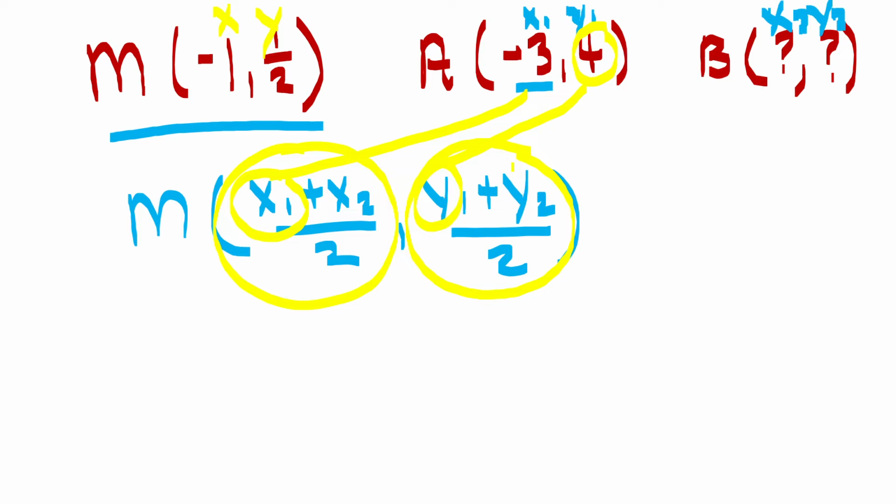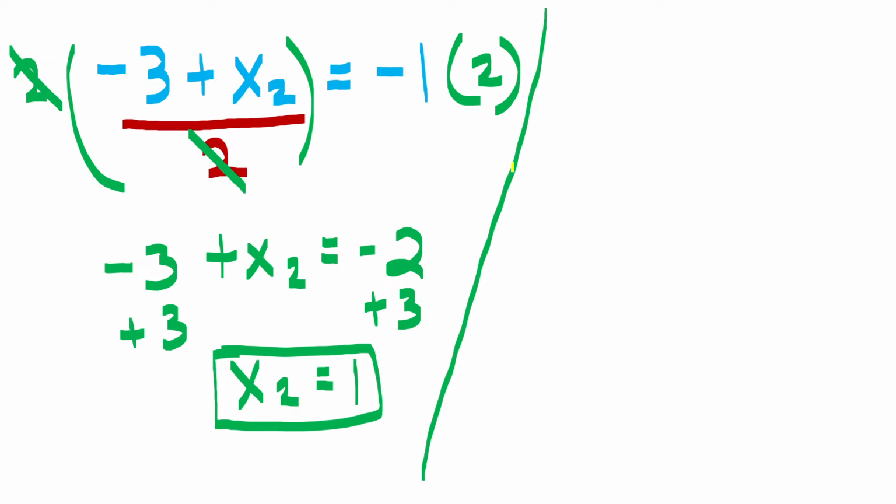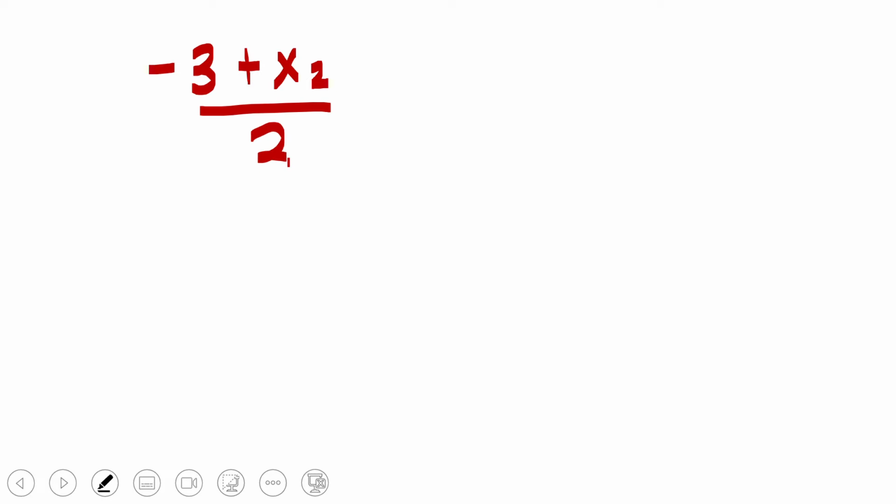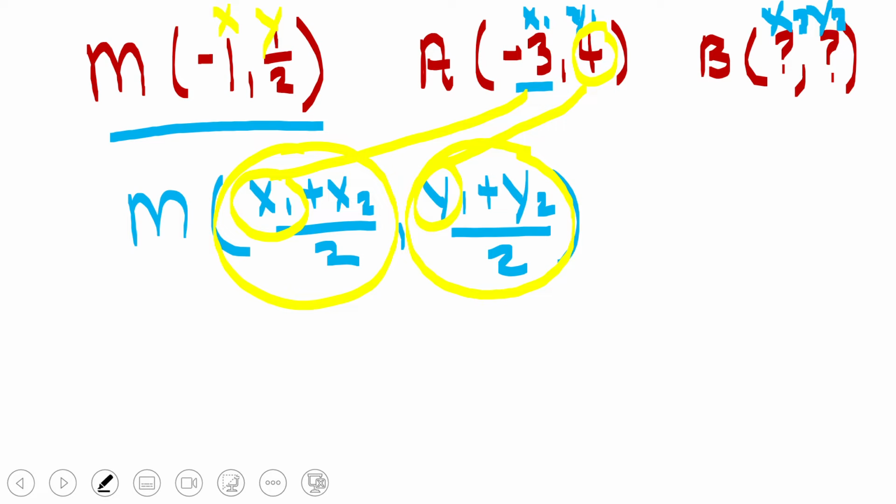And from all of that, we should be able to find the x2 for the B value. So we will have (-3 + x2)/2 = -1.